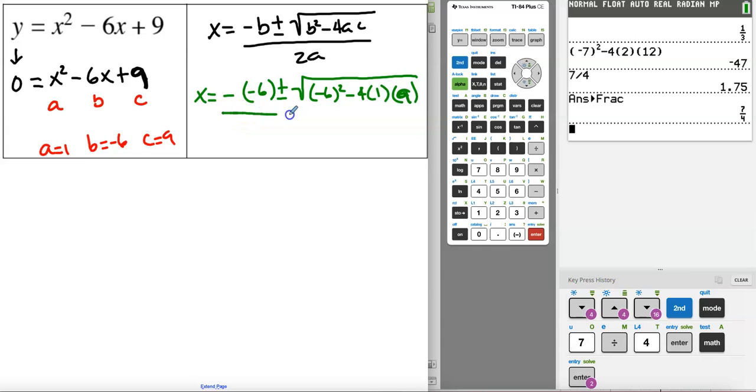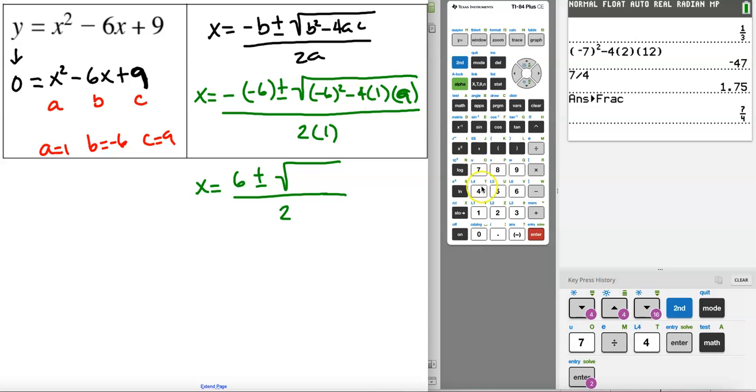And it's all divided by 2 times 1. Okay, so this is going to be x is equal to a negative, and a negative is going to make a positive, so I know that this is going to be a positive 6 plus or minus the square root of some number is going to go under there, and this is divided by 2 because 2 times 1.